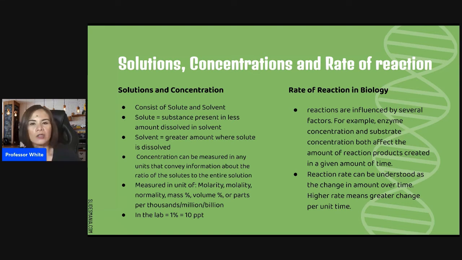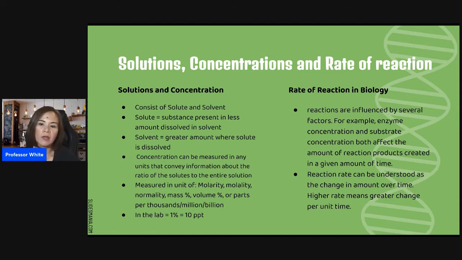A solvent is water, basically, and when you mix something in there, that's a solute. The ratio of these amounts is directly related to the concentration of a solution. By definition, the concentration of a solution can be regarded as the amount of solute in a solution.